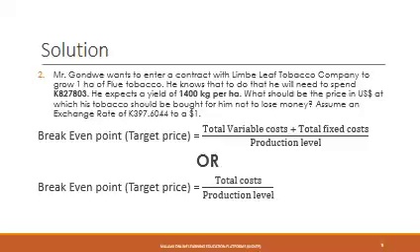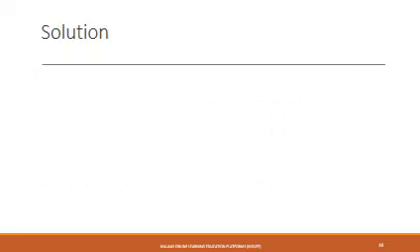Sometimes they don't specify which one is a variable cost and which one is a fixed cost, so they just put them in one package. If they have put them in one package, of course, we know that they have included the variable cost and the total fixed cost, and that's why the formula changes to total cost divided by production level. Now let us summarize our question and calculate the break-even point per targeted price.